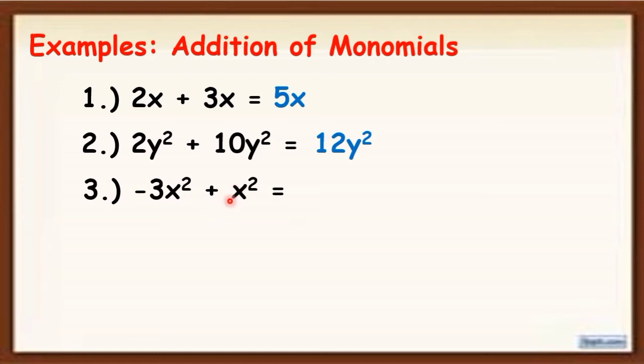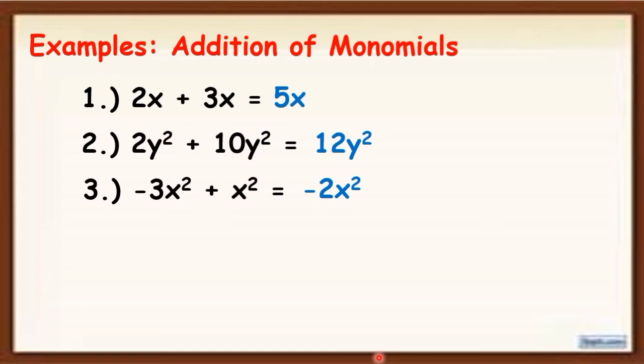If they are unlike signs, we are going to subtract. So negative 3 plus 1 is equal to negative 2. Then copy the literal coefficient, which is x squared. That's why the answer is negative 2x squared. Always remember, follow the sign of the number that has the greater absolute value. That's why negative yung final answer natin.